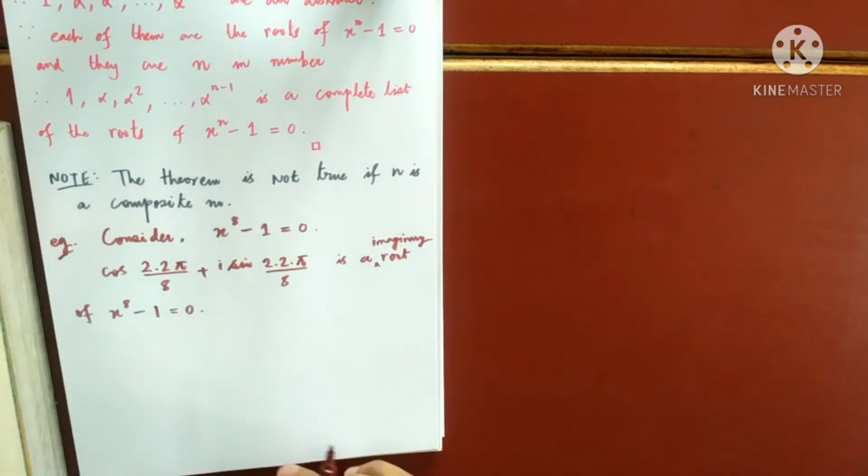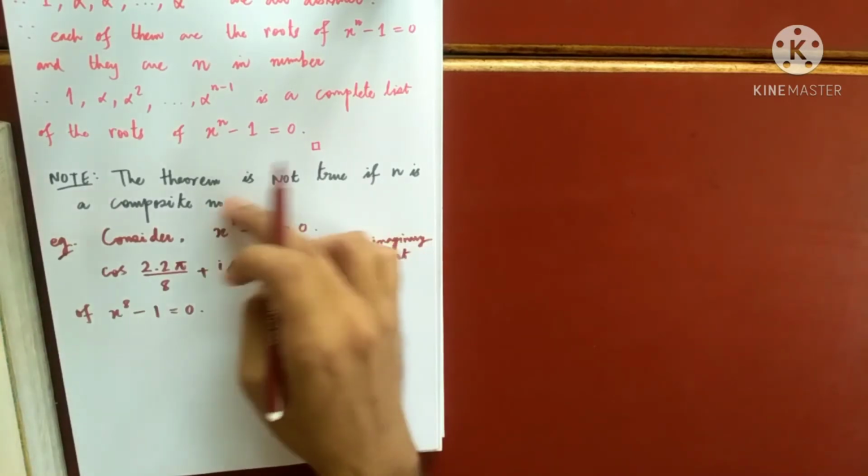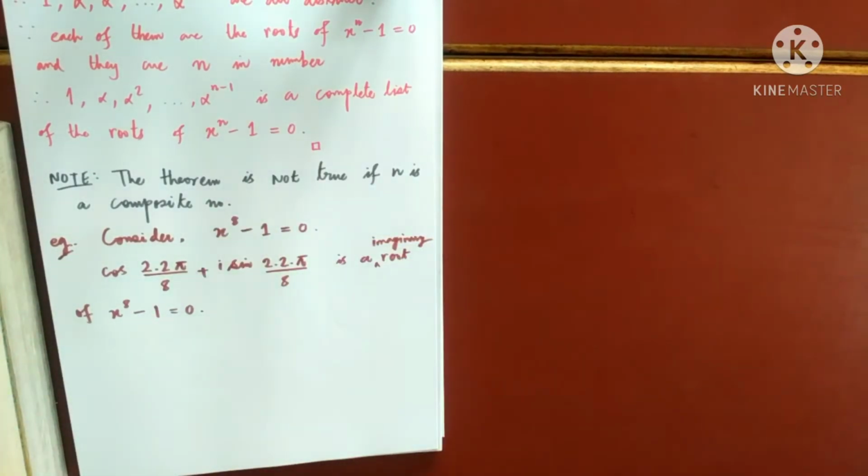I know that, because the complete list is given by 1 and cos 2k pi by n plus i sin 2k pi by n, where k is from 0 up to n minus 1.